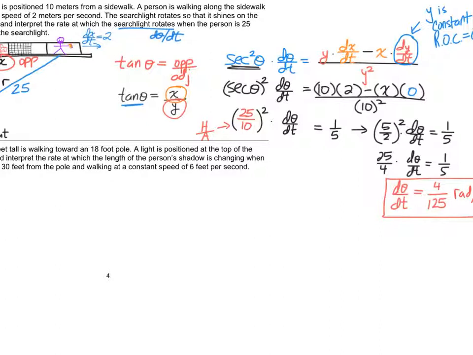Radians not so much, unless they're clean radians like pi over 2 or pi. But 4 over 125, I don't know. That doesn't seem to be something that you can conceptualize off the top, aside from saying a small movement every second.